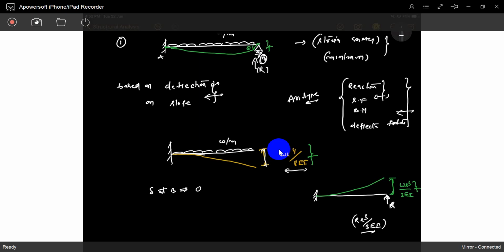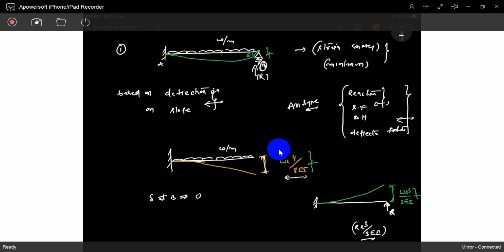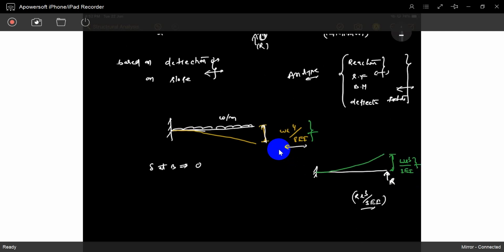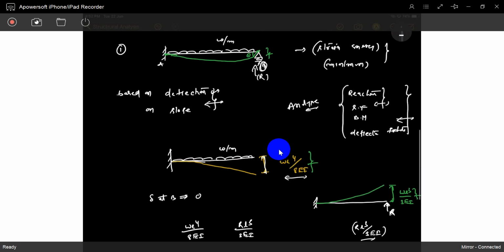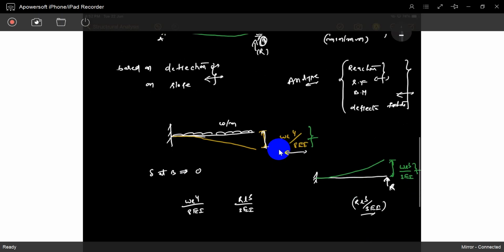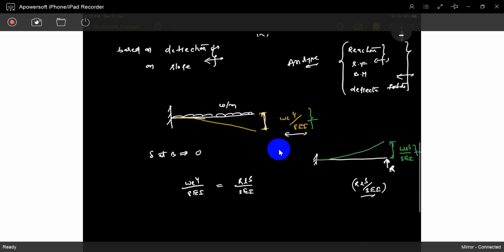Just see it: WL power 4 by 8EI is one deflection, and the other is RL cube by 3EI. If both are equal, then only the deflection at B is 0. That is our idea. See it, what is R?